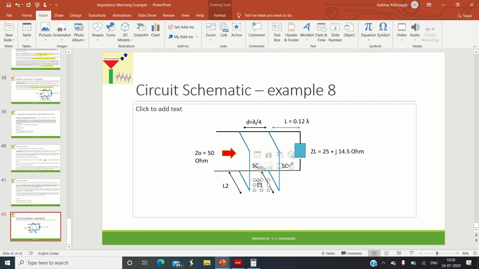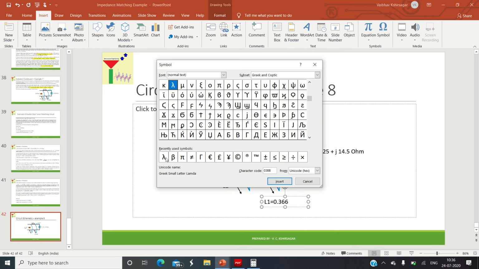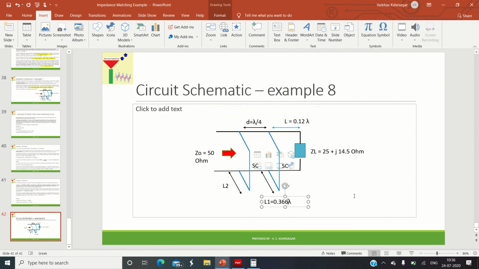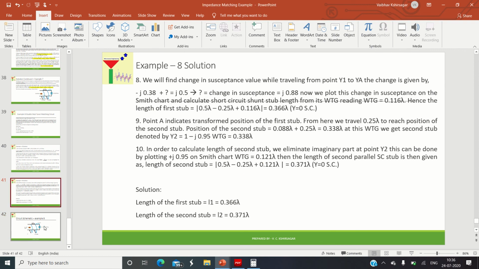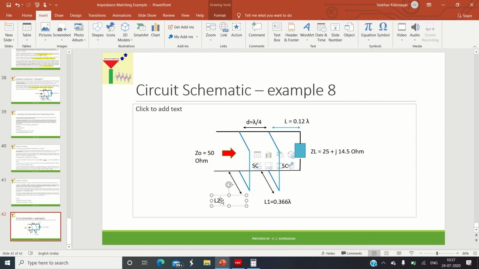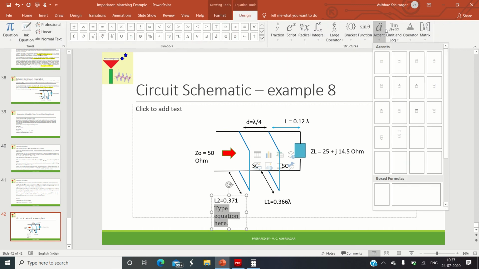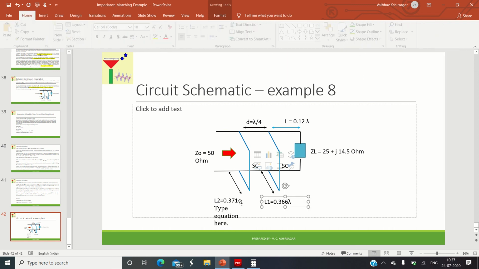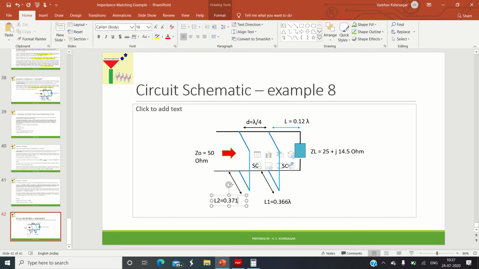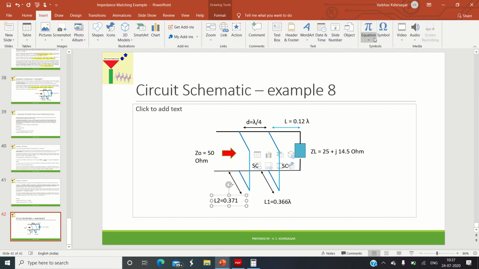So I will take it downside, 0.366 lambda, and the second length is 0.371 lambda. Insert the lambda symbol.